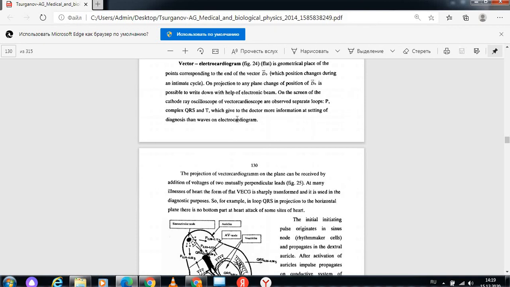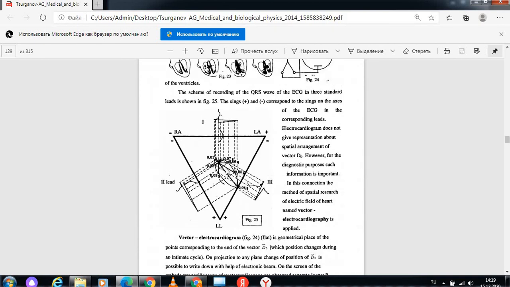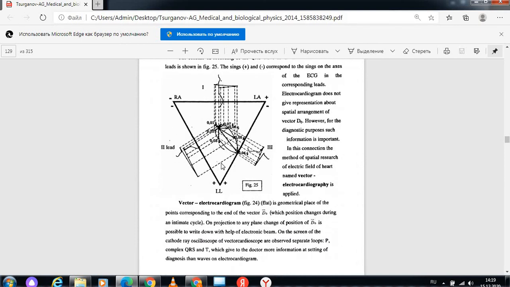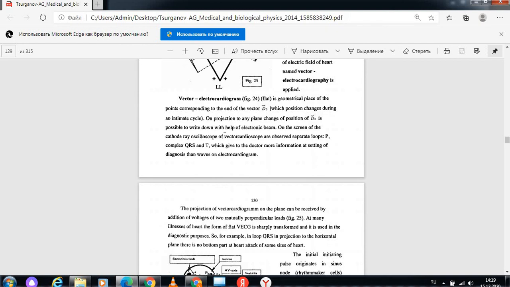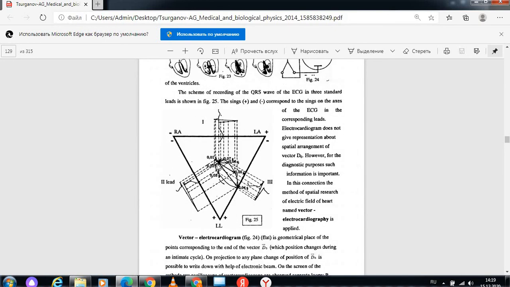The plane can be received by these 2 special variants of the leads. We have 3 leads, and some of them could be summed inside this triangle, so we have addition of voltages of these 2 mutually perpendicular leads.